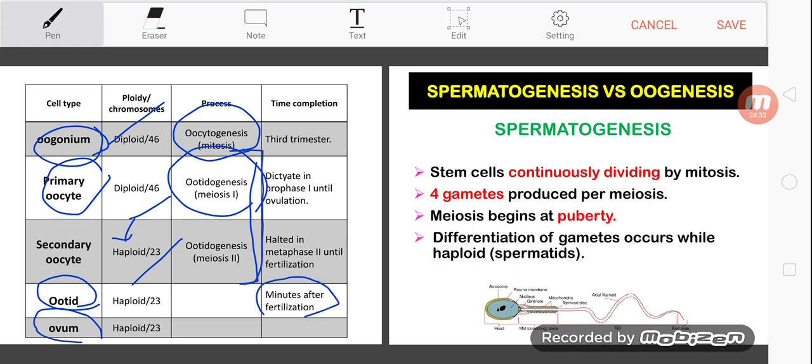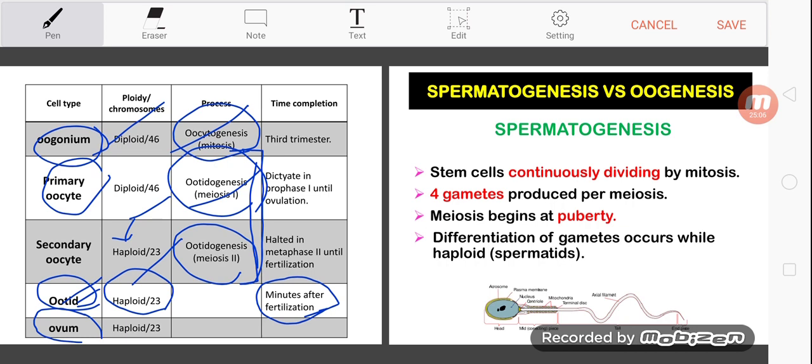You can see here, minutes after fertilization, ootid, to get complete egg cells that are haploid. Right, oocytogenesis, ootidogenesis, ootid generation.